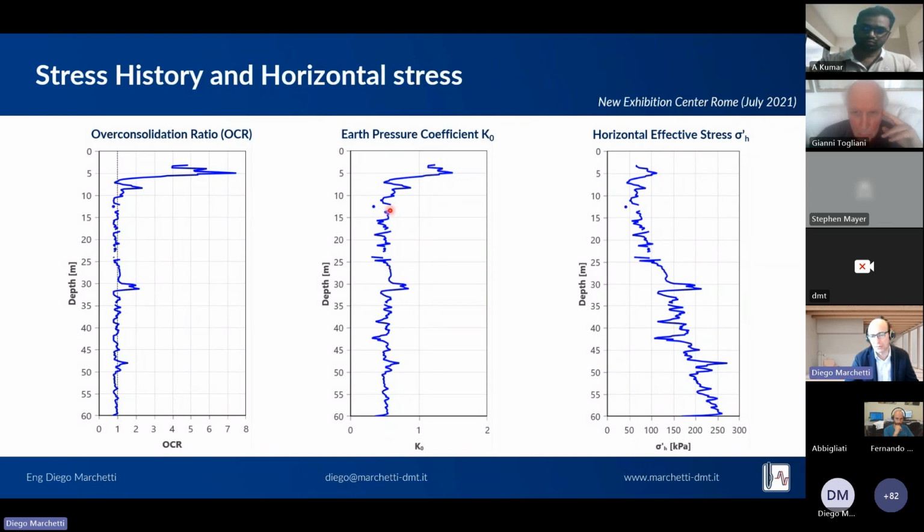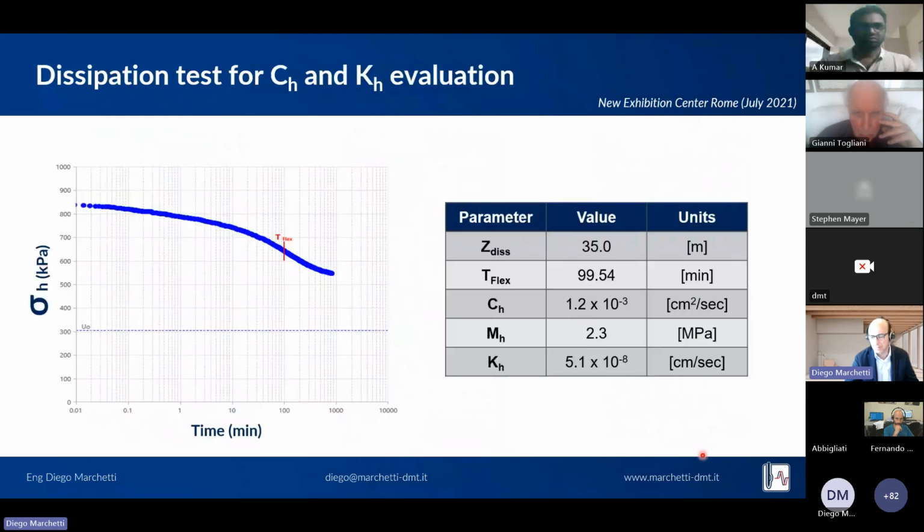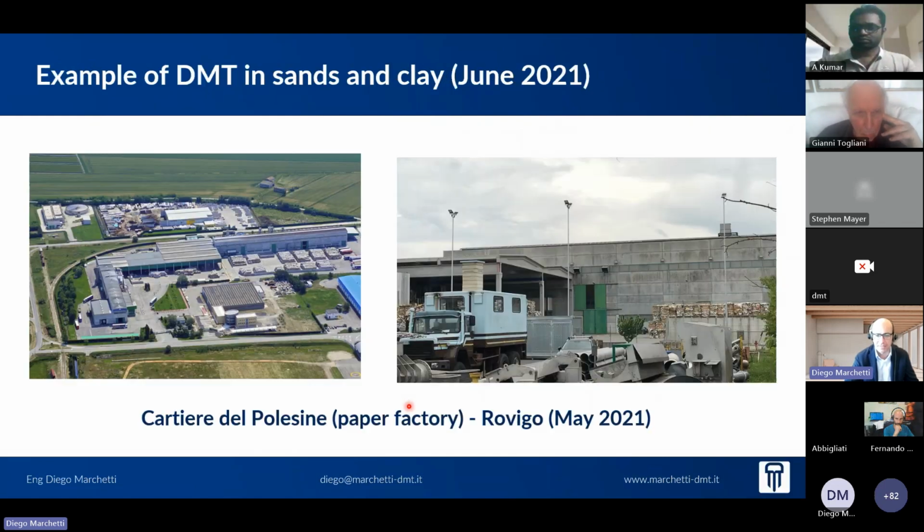K0 in the normally consolidated soil is 0.5 approximately, higher at surface. And a dissipation test was able to characterize the coefficient of consolidation and permeability in this specific site.